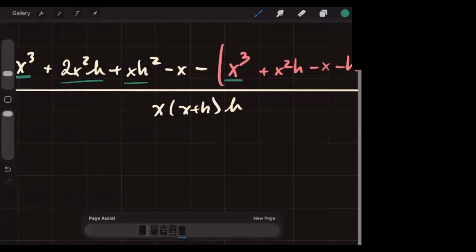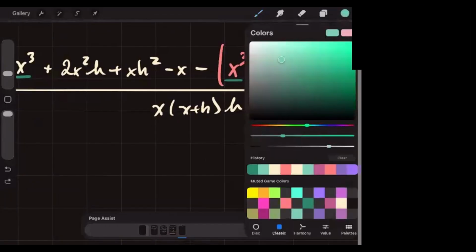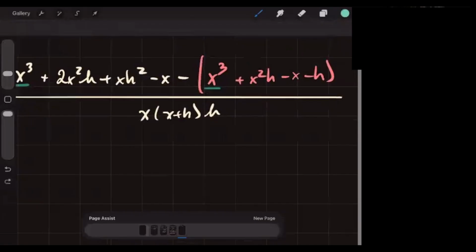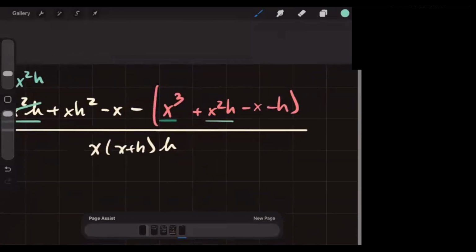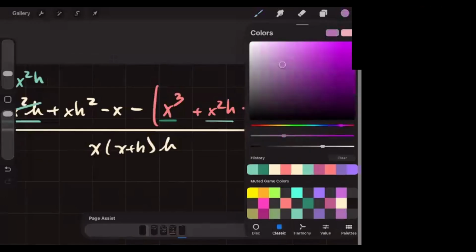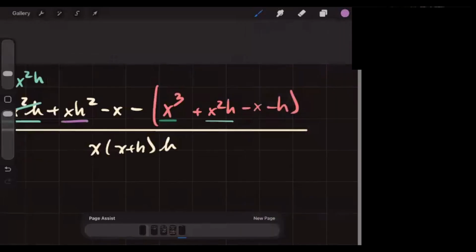These two are different, so we can't combine them, all right? There is a 2x squared h here and an x squared h there. So this is going to become x squared h after you combine them, right? And then this guy doesn't have a buddy, but this guy does. And so does this guy.